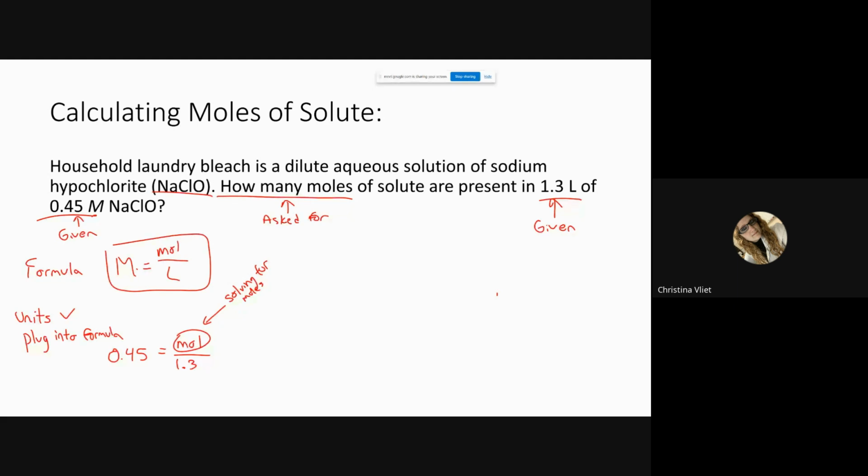And so in order to solve for moles, because moles is being divided by 1.3, what do you have to do? Inverse operation of a division, which is a multiplication. You would multiply both sides of the equation by 1.3. Some people say just by 1.3, or you can say multiply by its reciprocal, which is 1.3 over 1. Multiply both sides by 1.3, cancel out 1.3, and what's your answer?